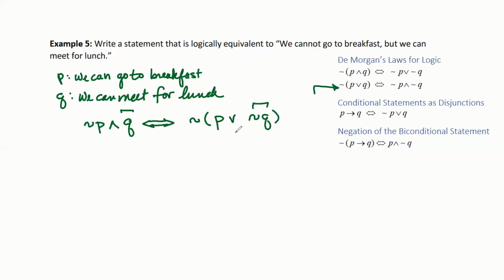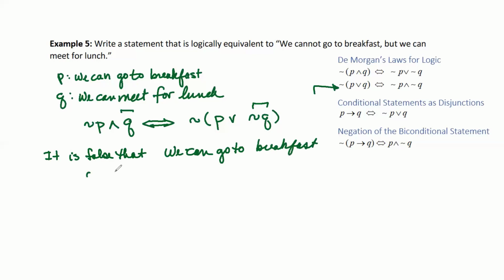And so now the statement will be, it is false that P, we can go to breakfast, or we cannot meet for lunch.